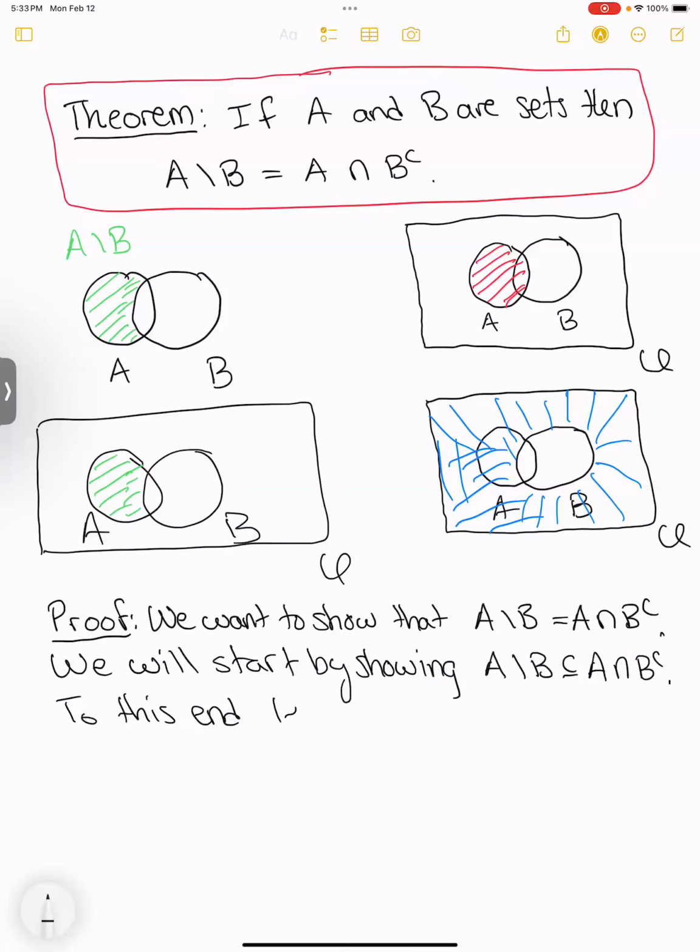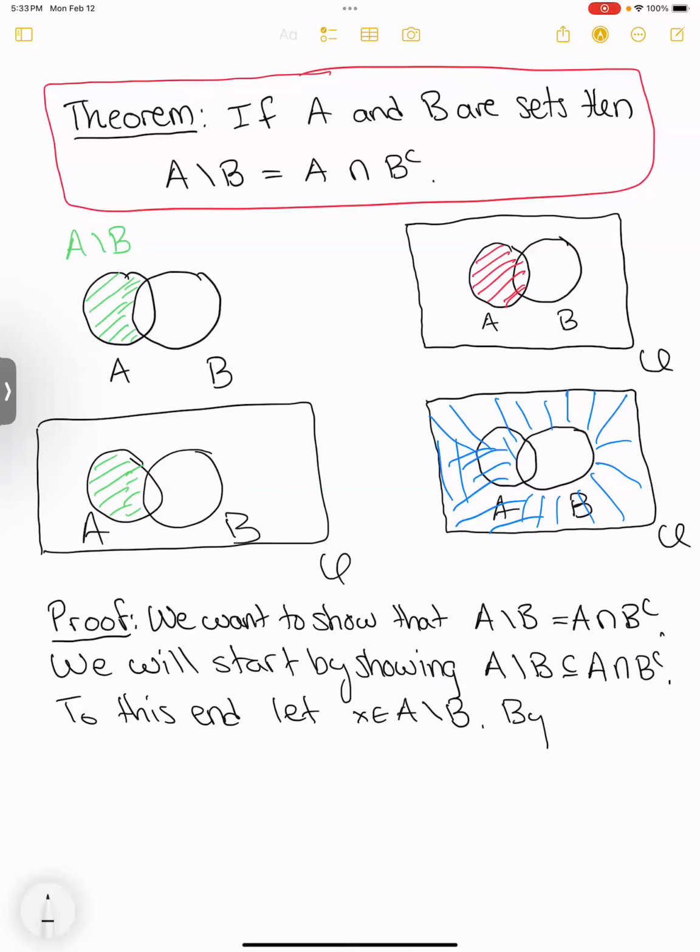And so to this end, we're going to take some x, which is in A set minus B. And now this is a direct proof because the only thing I can do is apply definitions. So now I just have to apply the definition of set minus, right?